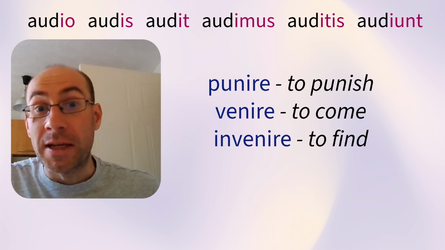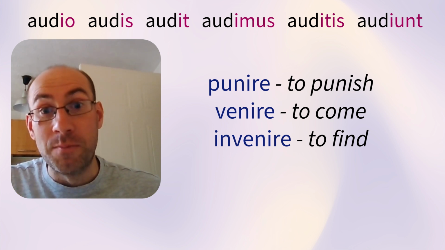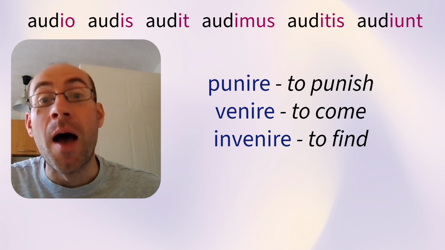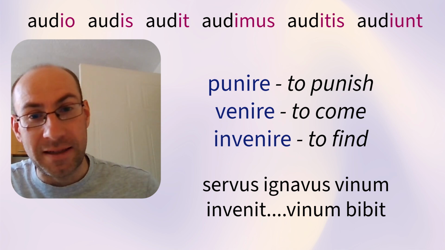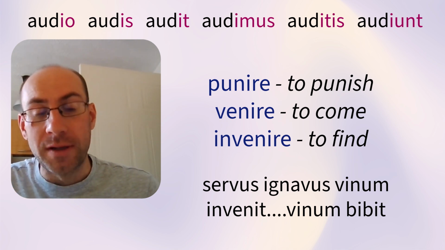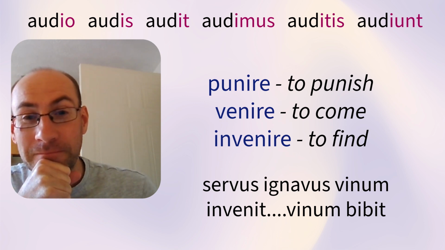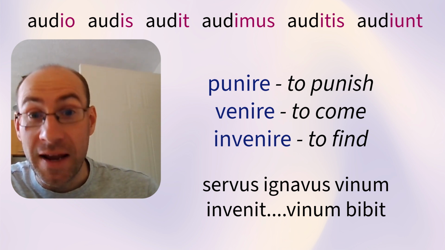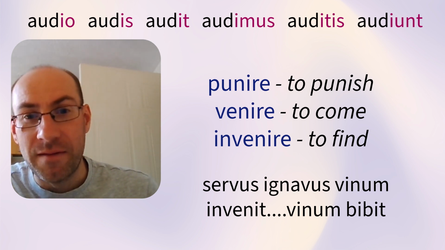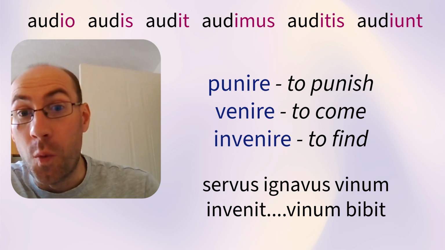The slave drinks the wine. That's a third conjugation verb, bibere. Bibo, bibis, bibit. Servus vinum bibit. Servus vinum invenit in culina, nunc, now, servus vinum bibit. The master finds the slave in the kitchen with the wine.